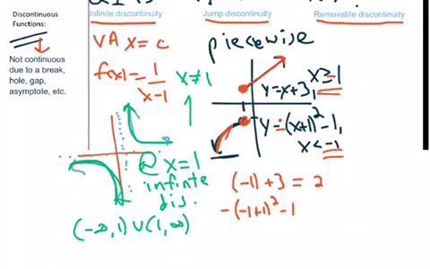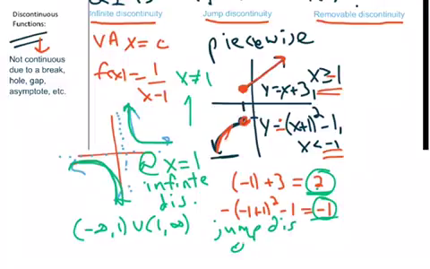When I put it into the bottom function, I get 0, minus 1, negative 1. So the fact that I get two different answers, or two different heights on the graph, is a sign that it is discontinuous at this value of x. So it's discontinuous at x equals negative 1, and because they jump to different outputs, we would say that this is jump discontinuity at x equals negative 1.